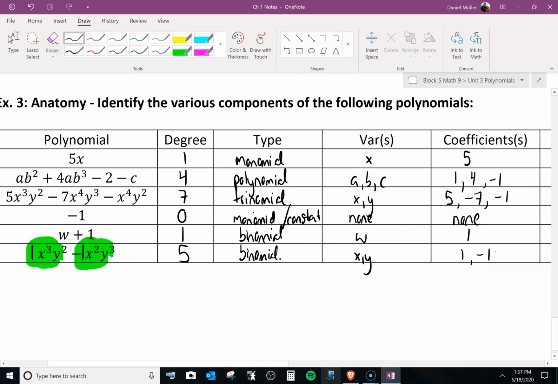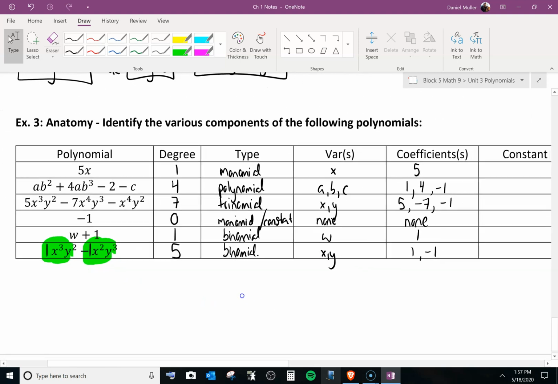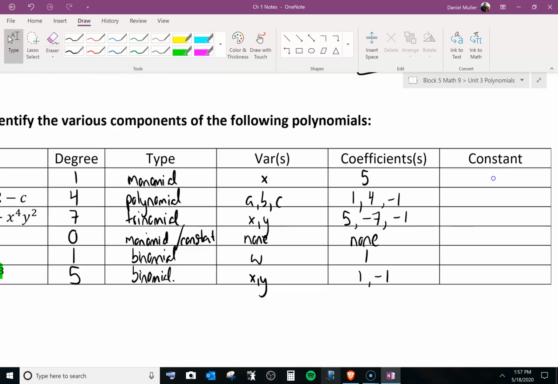Now a constant is the last part, I think. Yeah. The last part here is the number that has no letter. And so you would have had to look up at the top, and you can see, I think we kind of did a little bit of defining there, but we can write them down if I forgot. So a constant is, let's write it down.